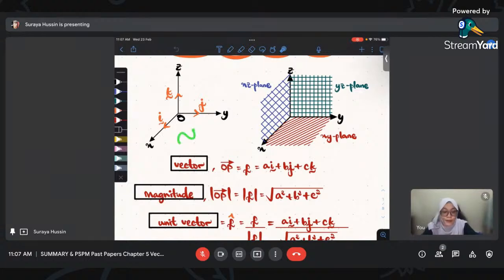I'm so sorry, I can't remember the name of this symbol. But this symbol is very important to be written, untuk ditulis tu sangat penting sebab dia menunjukkan direction. The meaning of vector is actually having a magnitude and direction.